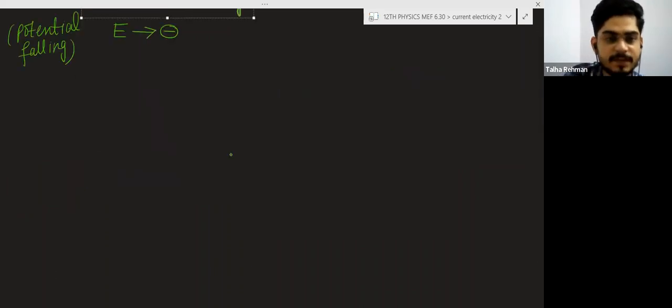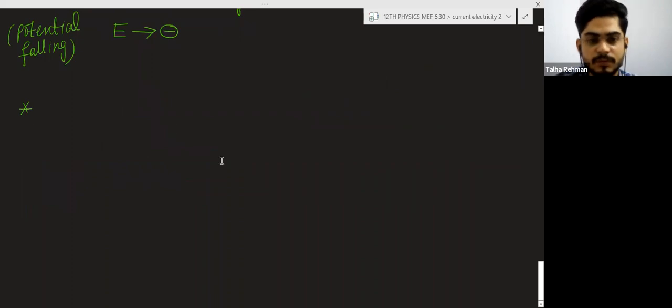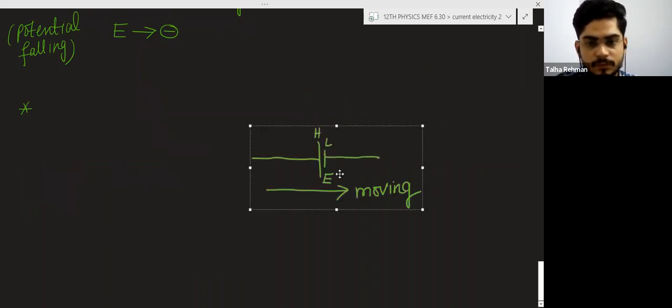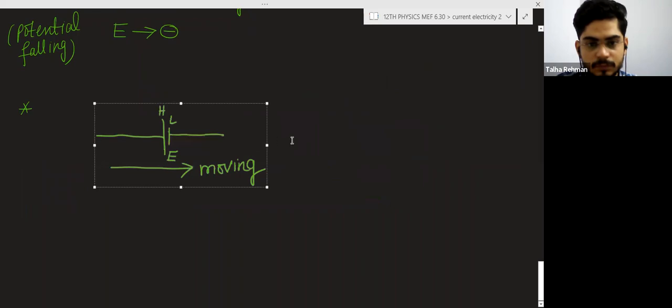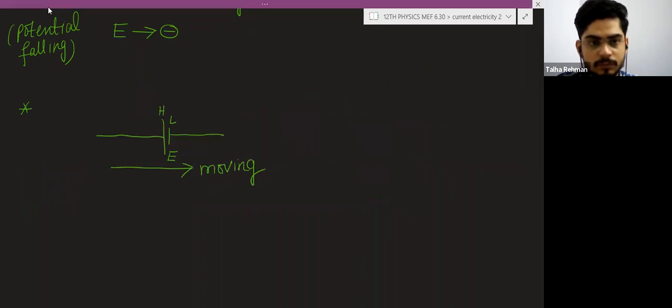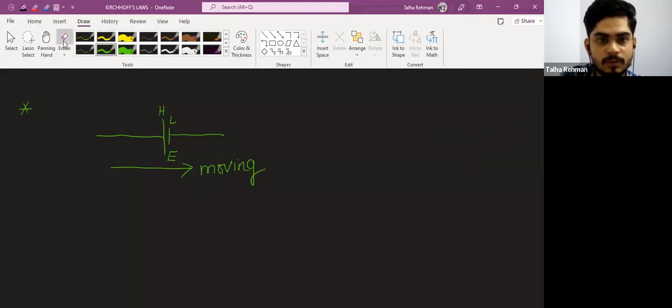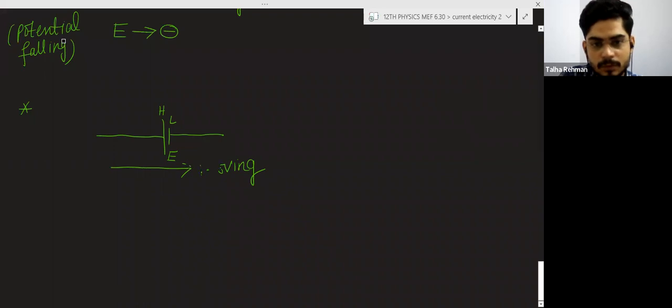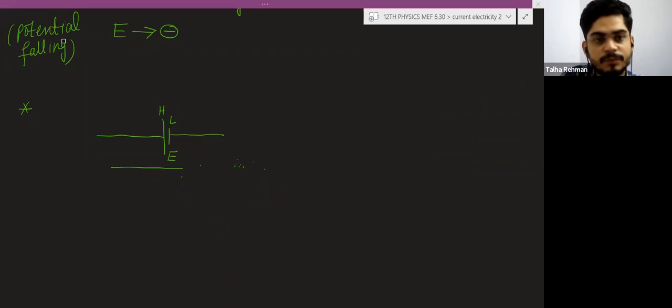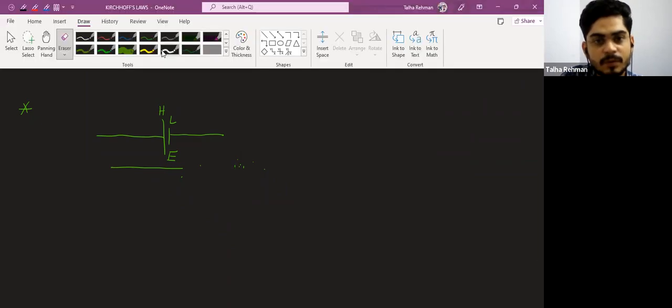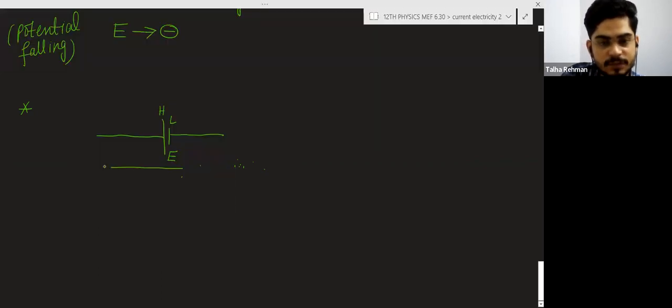Now the second case. This is the same cell you have, and now you are moving in this direction.